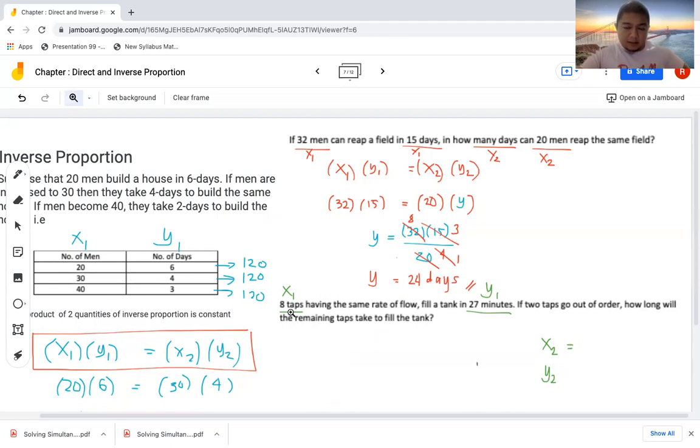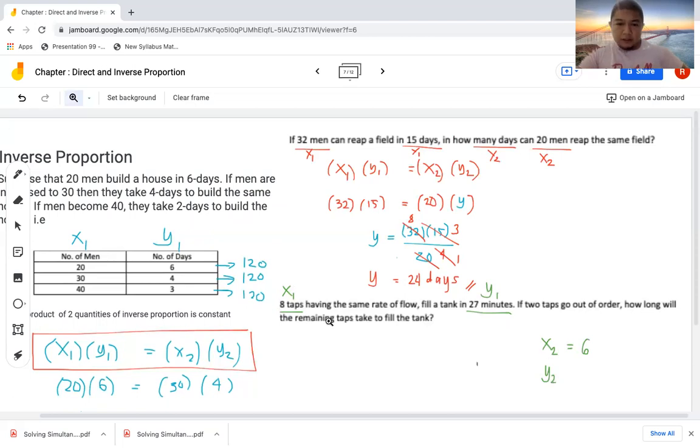So that means the x sub 2 will have the units of the taps. However, in this question, it says if 2 taps go out of order. So that means this x sub 2 is not equivalent to 2. So suppose that you have 8 taps and 2 of that did not work. So that would mean that you will have 6 taps as the value of your x sub 2.